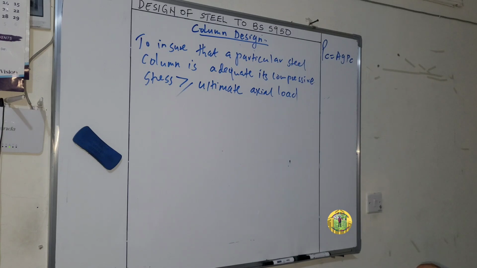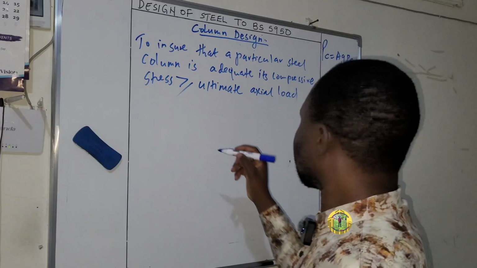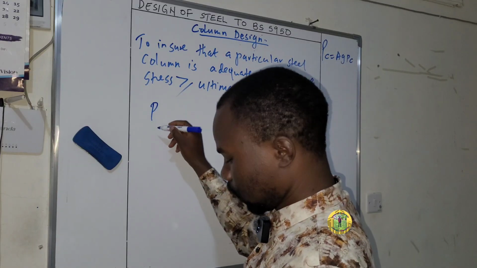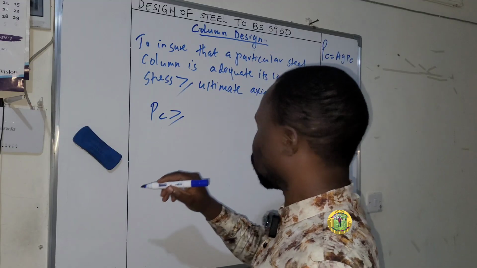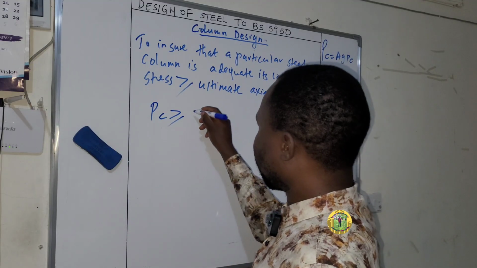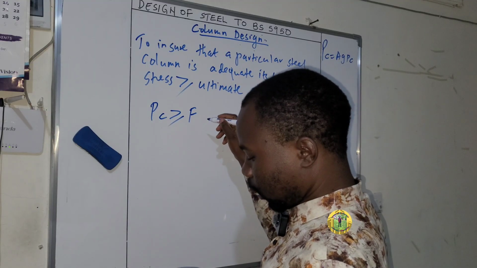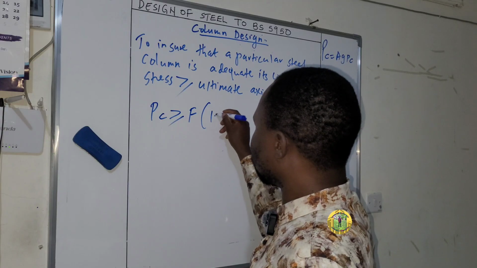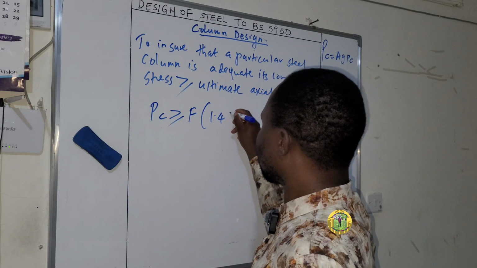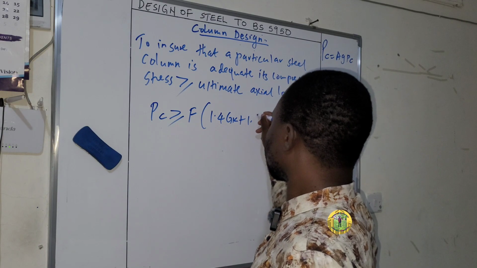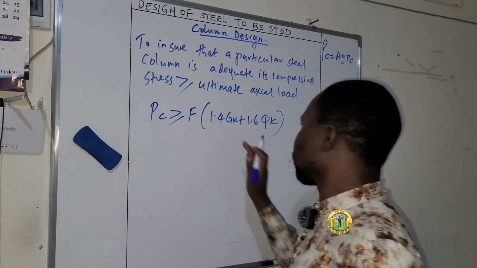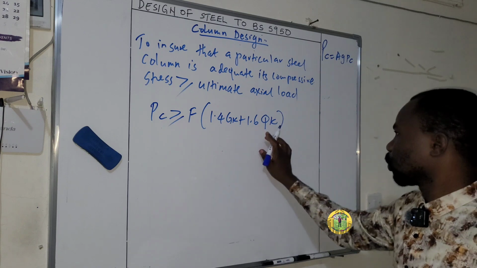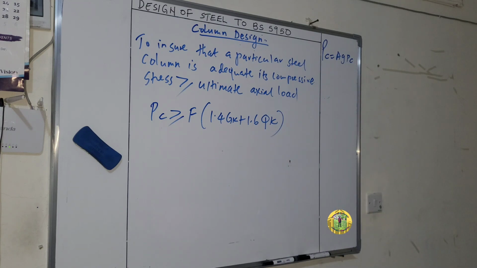We can say that Pc must be greater or equal to F, whereby F is given by the formula 1.4 Gk plus 1.6 Qk. Gk is the dead load and Qk is the imposed load.